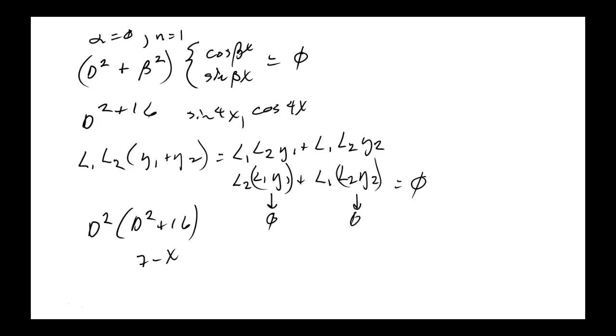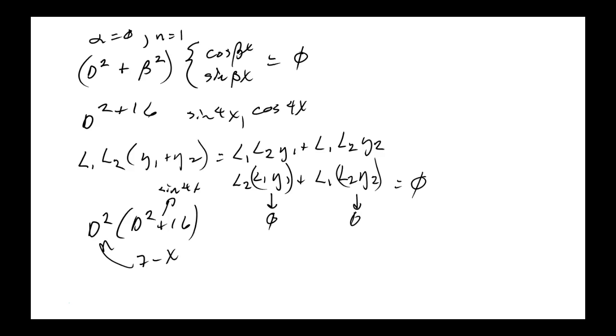It was that linear function, okay, and the D squared plus 16 annihilates sine 4x. Okay? So this annihilates sine 4x, because we just saw above that it would.